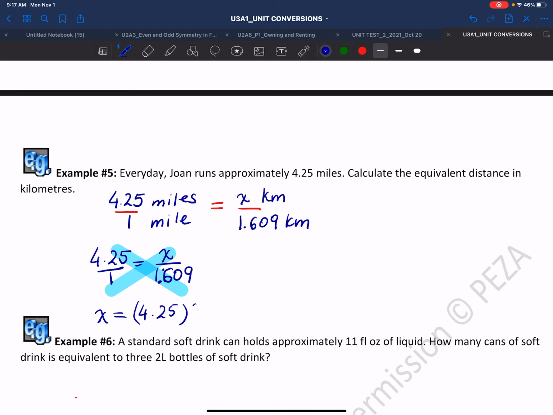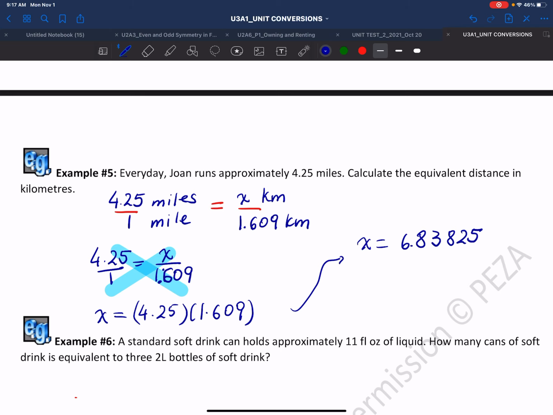And just simply use a calculator to multiply the two numbers. And from here, we'll get x equal to 1.609 times 4.25, and that's 6.83825.